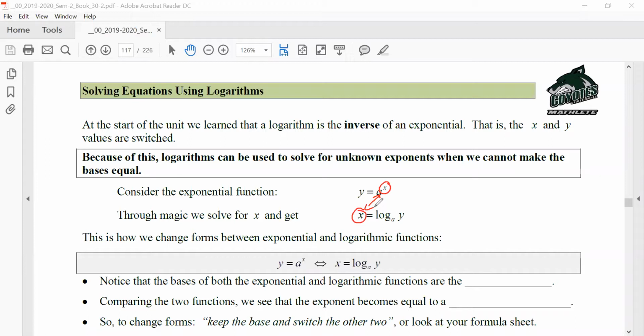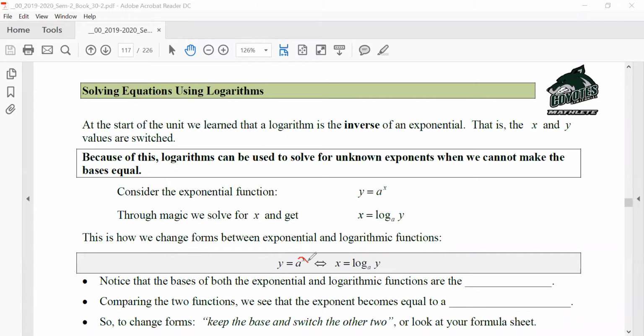Now, this is on my formula sheet right there. We are taking a huge shortcut here. It feels a bit like magic because I'm not showing you all the steps in between, but for now it's good enough. What I want you to notice here is the exponent.